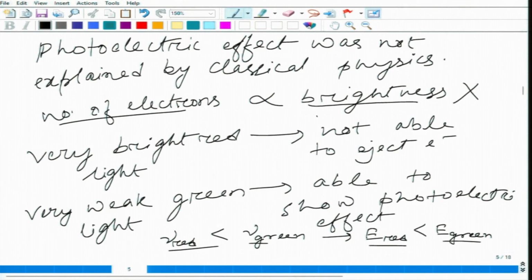Now a certain radiation is incident on the metal surface. The radiation has certain energy. The minimum energy required is called the work function. But what if the radiation incident on the metal surface has an energy higher than the work function?